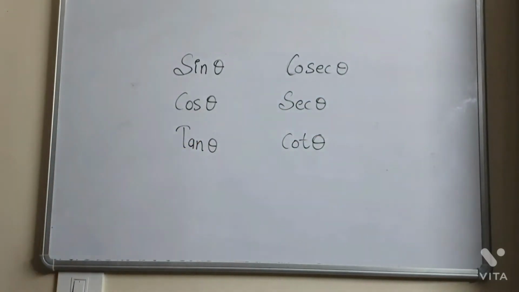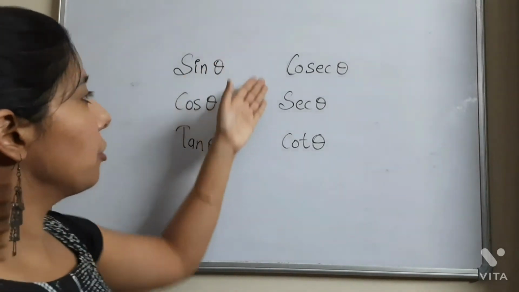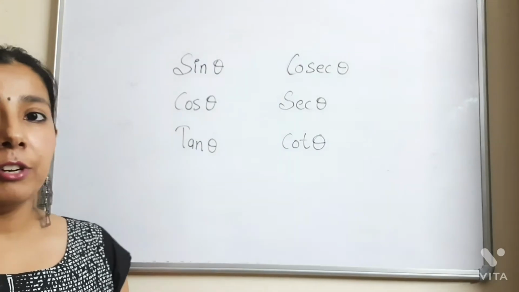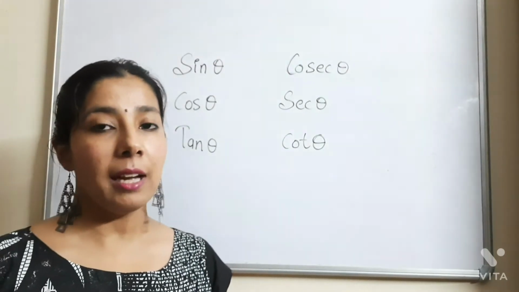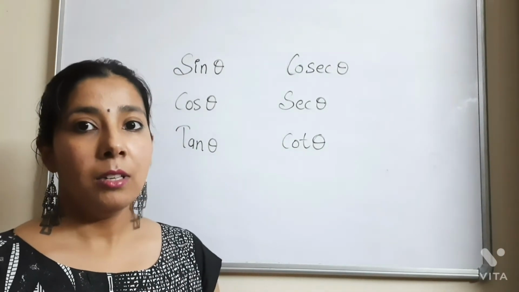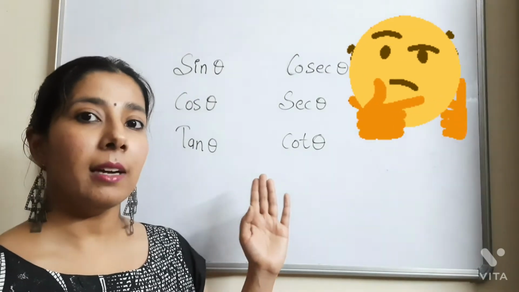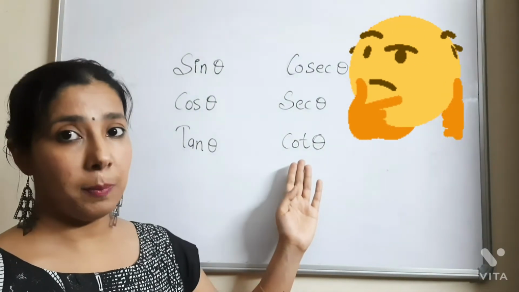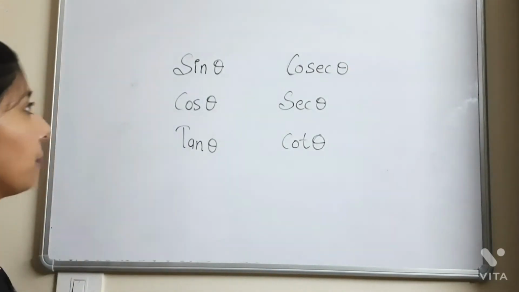So in trigonometry we have these 6 trigonometric ratios. In these 6 trigonometric ratios we can make the 3 complementary pairs. Which trigonometric ratio makes a complementary pair with which trigonometric ratio? I will explain to you in this video.